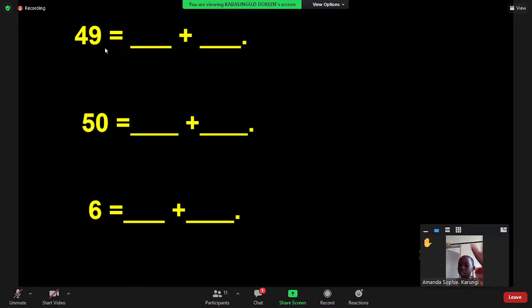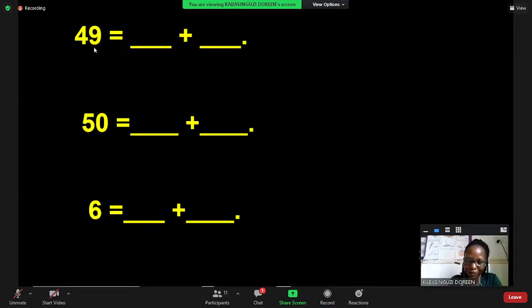We draw here on the first line, we draw 40. That is Amanda, my teacher. Let us first get the place values, Amanda, isn't it? 9 is in the place value of what? Place value of ones.